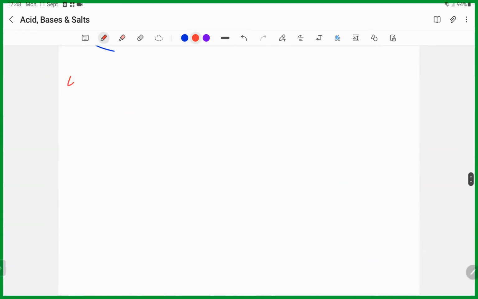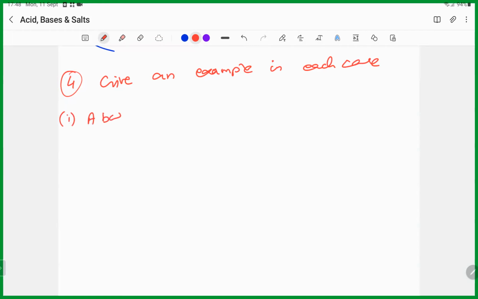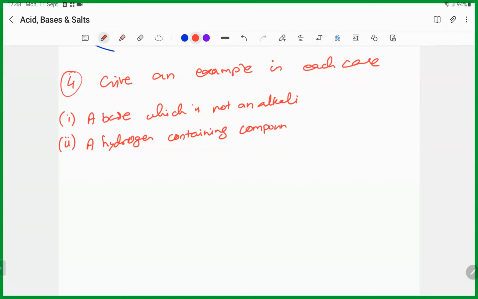Fourth one, give one example in each case. Number one, a base which is not alkali. Number two, a hydrogen containing compound which is not an acid.